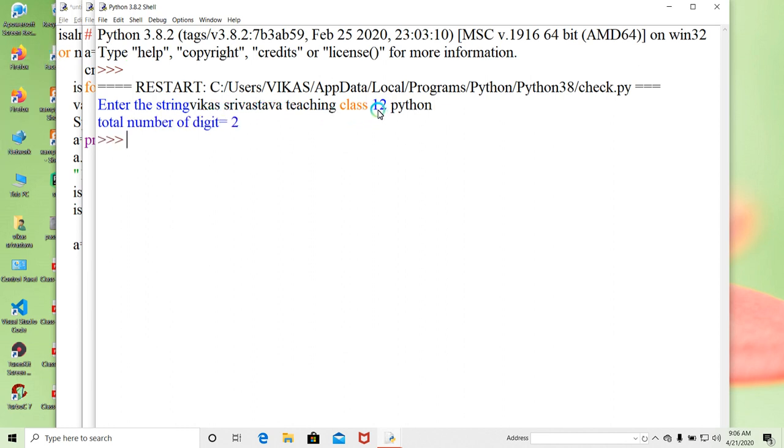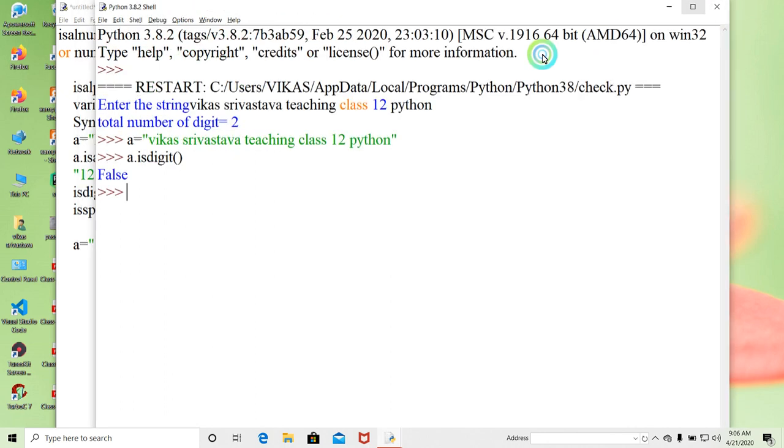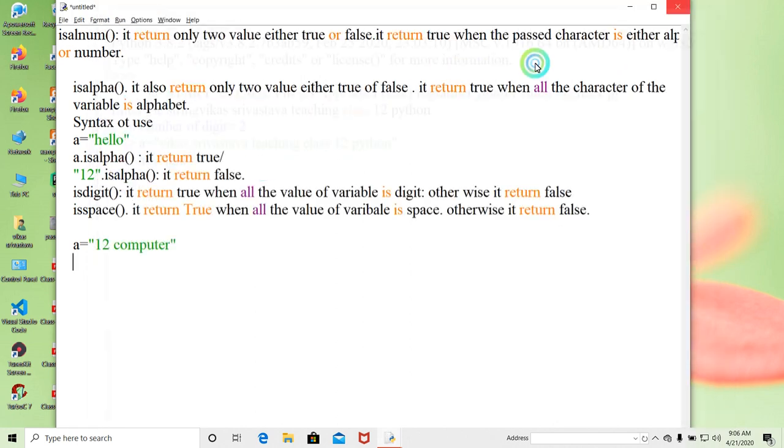Only two. So look here, the result came 2. But here A is equal to, I am writing, Vikas Srivastav teaching class 12th Python, and I am checking here A isdigit. So it returns what? False. And here how is it counted? Because we have checked here one by one index. Clear? Okay.